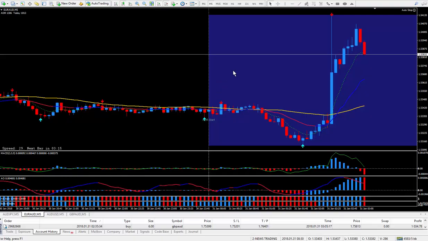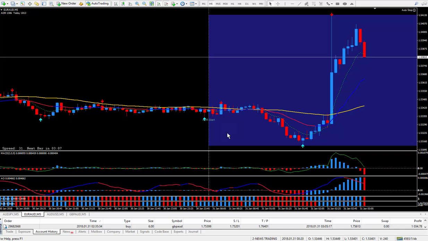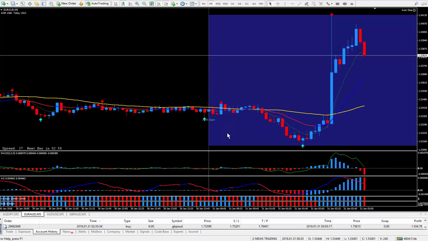And I just want to indicate that all these indicators are my custom indicators. They're not available on the platform. Had them modified and tweaked to make them work good with the Pip Trigger.